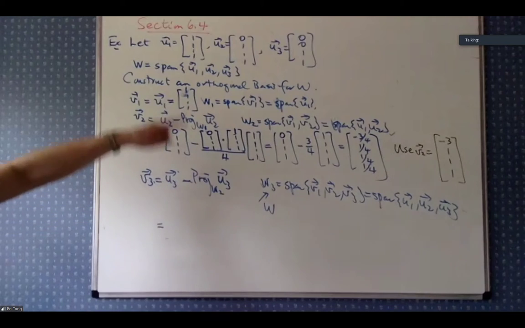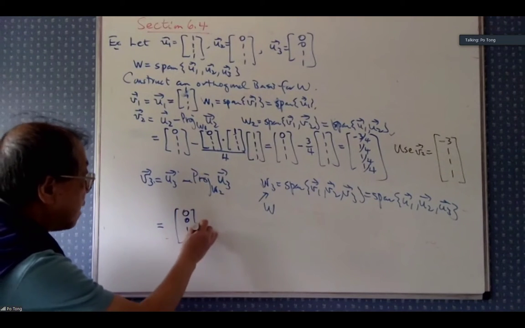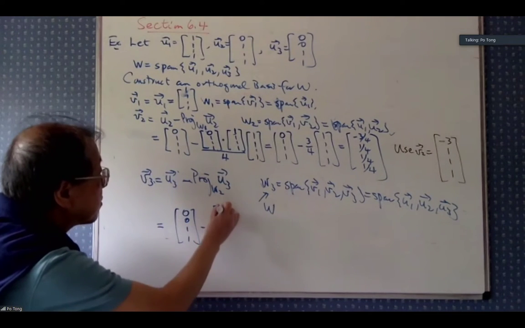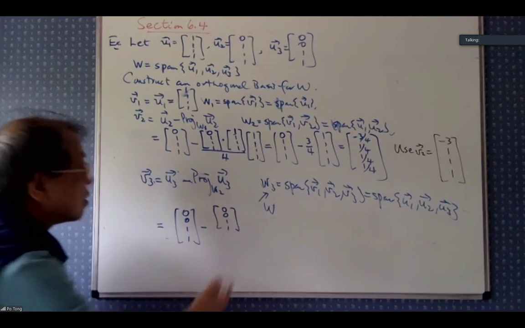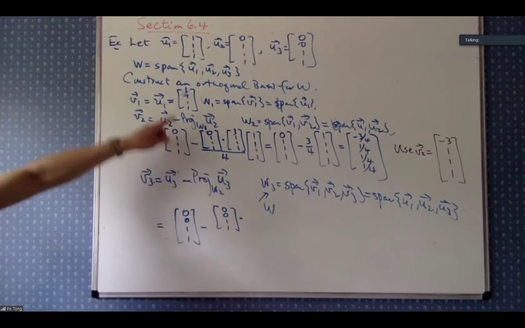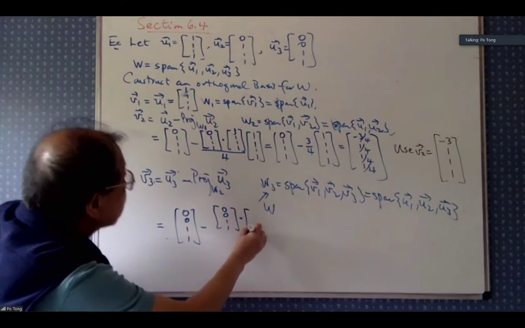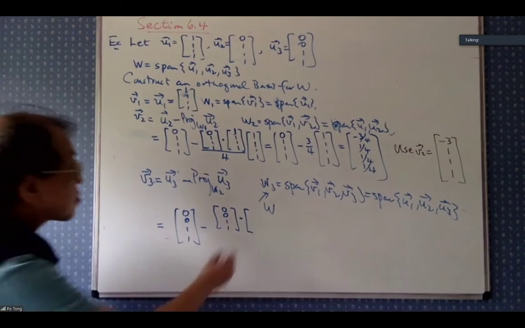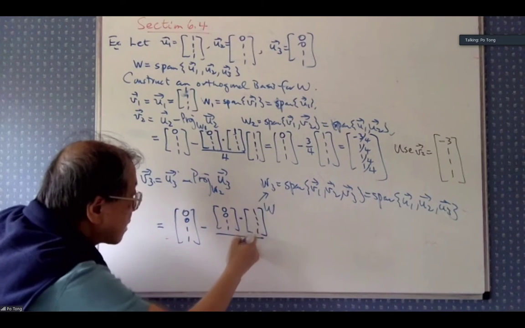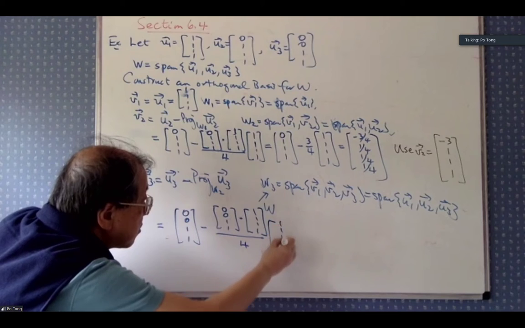U3 is that guy, minus the projection of U3 dot V1 first, over the square of this magnitude, which is 4, times 1, 1, 1, 1.